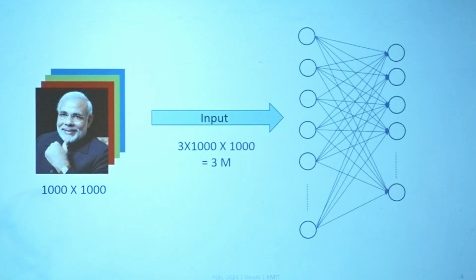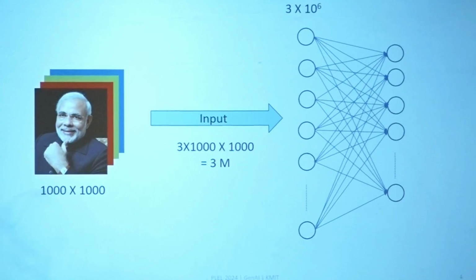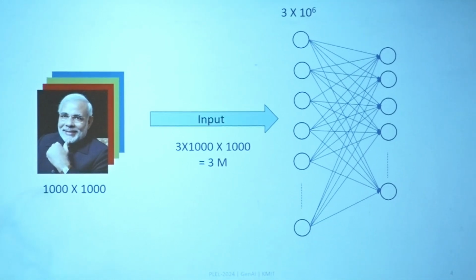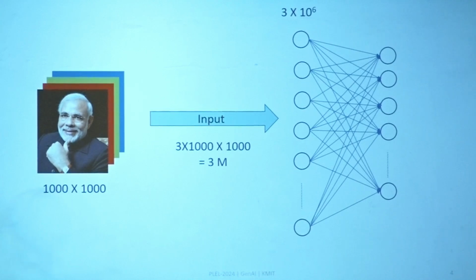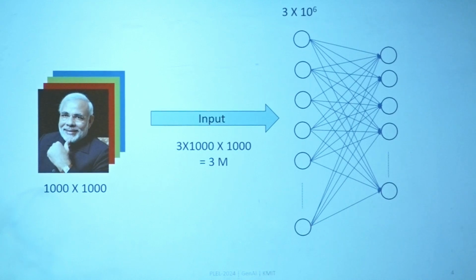In order to process this image, how many input features are required when you work with artificial neural networks? Tell me. Obviously, this image data has to be flattened, and how many pixels are there in total? 1000 by 1000 height and width pixels, and it is a color image, so obviously 3 channels of information would be there.